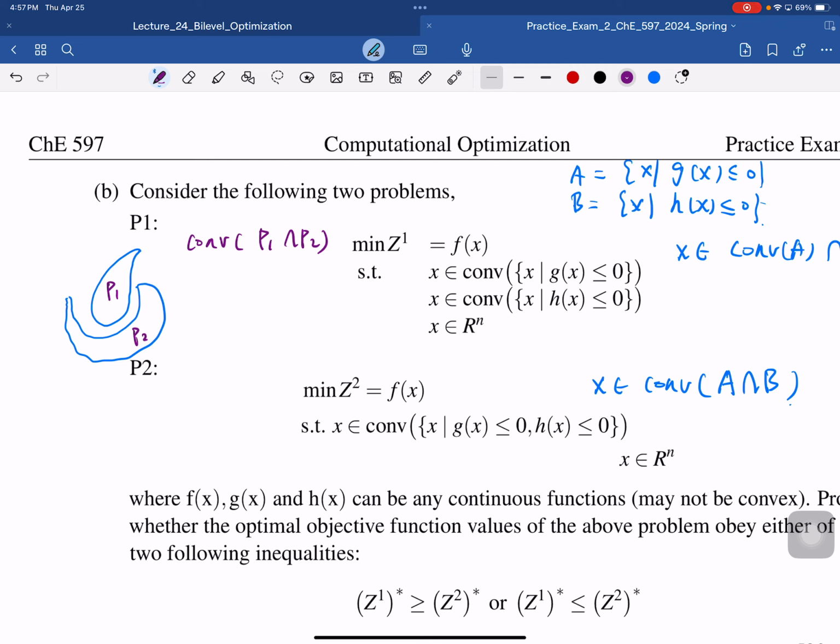Yeah, it's an empty set, because P1 intersect with P2 is an empty set. So what about the convex hull of P1 intersect with the convex hull of P2? Yeah, it's clearly non-empty here. You draw the convex hull of P2, and it has a non-empty intersection with P1. So that gives you the geometric intuition that if you convexify the intersection of two sets, that should give you a tighter relaxation. Actually, that's key in deriving convex relaxation.